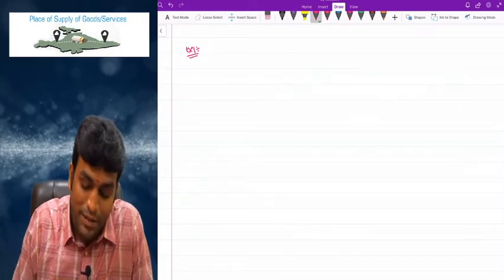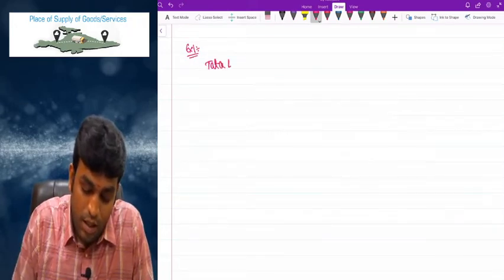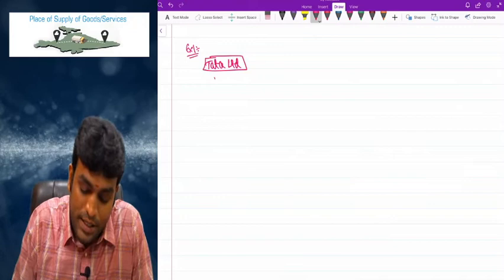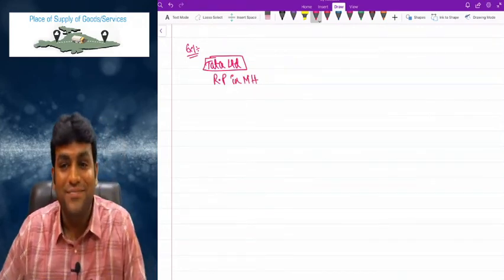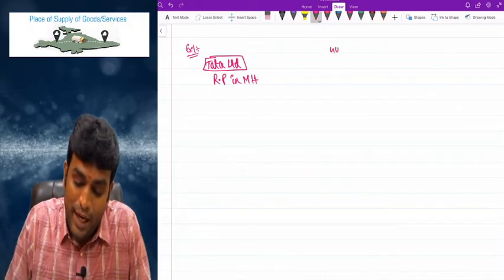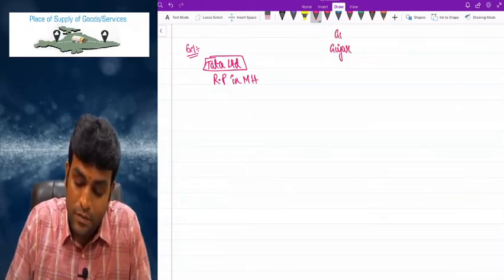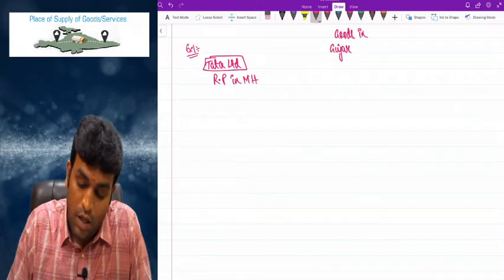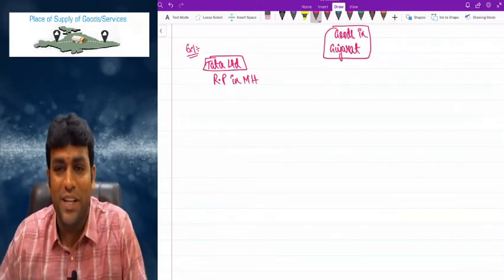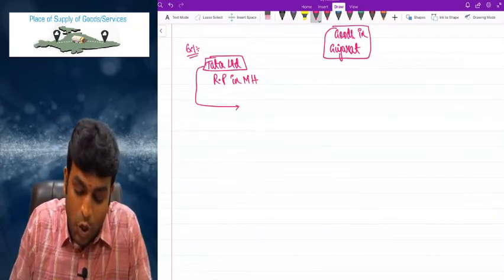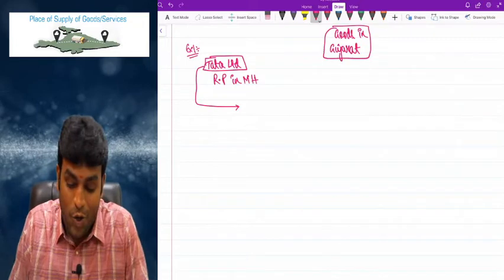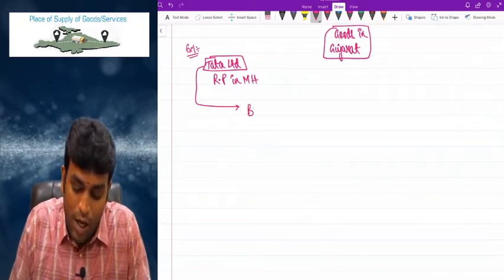So example 1, let's say there is Tata Limited, which is a registered person in Maharashtra, and Tata Limited have got some goods in Gujarat. Now what has happened is Tata Limited contacted somebody called Blue Dart.